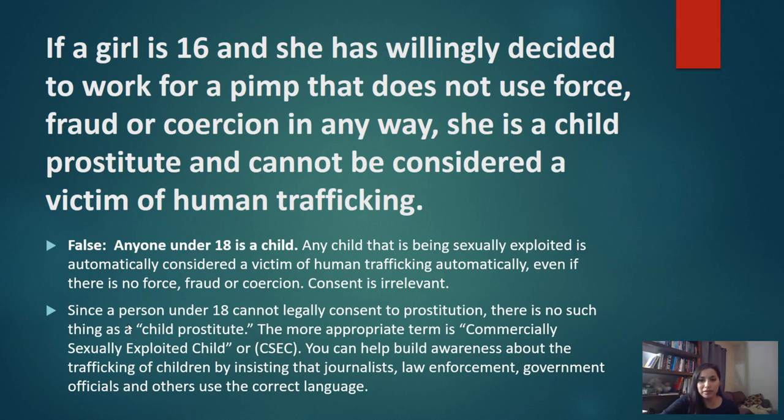Consent is irrelevant. Since a person under 18 cannot legally consent to prostitution, there's no such thing as a child prostitute. The more appropriate term is commercially sexually exploited child. You can build awareness about the trafficking of children by insisting that journalists, law enforcement, government officials, and others, such as healthcare providers, use the correct language.